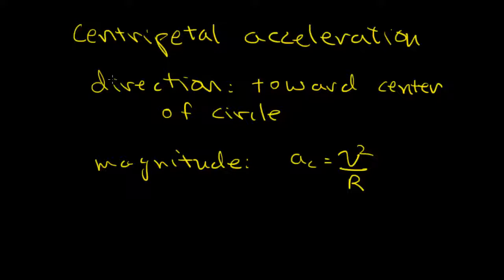So to sum up, for centripetal acceleration, that is the acceleration of an object moving in a circle at a constant speed, the direction is towards the center of the circle. It's always inward. The magnitude is v squared divided by r, where v is the speed of the object and r is the radius of the circle it's moving in.